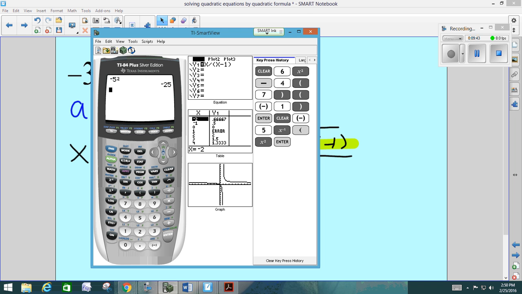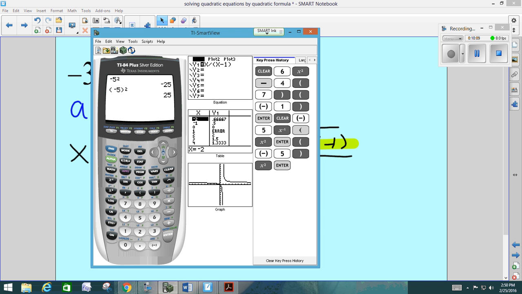Because when I type it in how I just did, the calculator is thinking negative 1 times 5 squared. And the order of operations says do your exponents first and then multiply by negative 5. So if you're going to square a negative number, you need to make sure you put that negative number in parentheses first and then square it so it comes out positive.